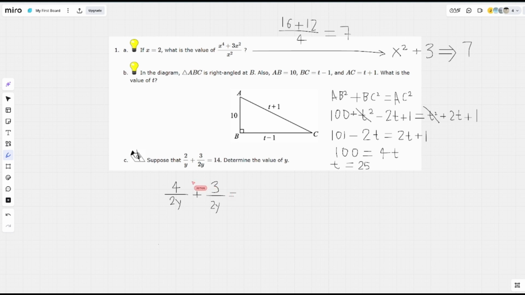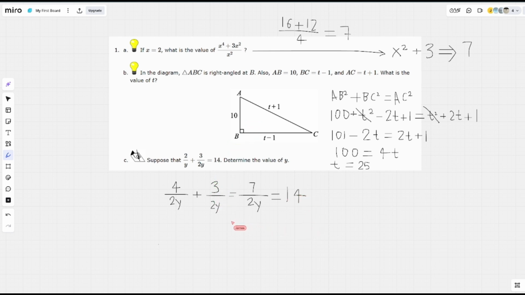Since these two fractions have the same denominator, you can combine the numerators. You get 4 plus 3 equals 7 as the numerator and 2y as the denominator, and this is equal to the right-hand side, which is 14.